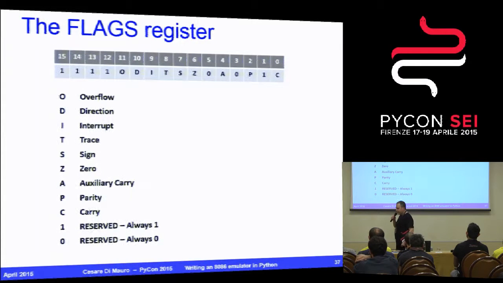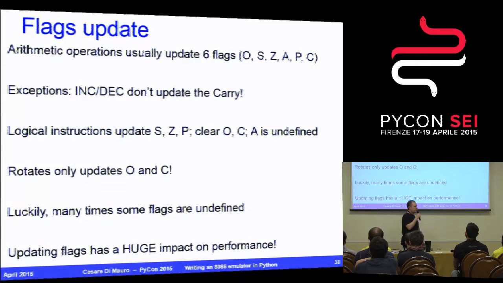Okay, now we take a look at the flags. The processor defines several flags. Some are called system flags, like interrupt and trace, but most of them are application flags, which are used by basically all instructions. Some of them are reserved, so they should be 1 or 0. When we execute some operation, the operation can update the flags in some way.